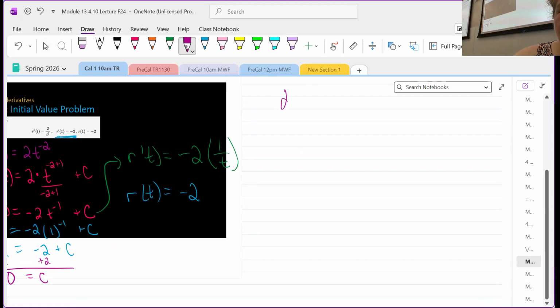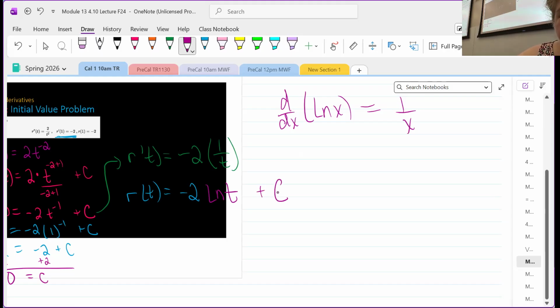So our sidebar, remember, is the derivative of natural log of x is 1 over x. So the antiderivative of 1 over x is natural log x. So this antiderivative of 1 over t is natural log t. And then, of course, we get our plus c.